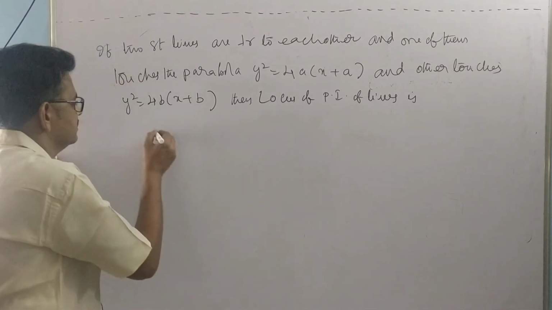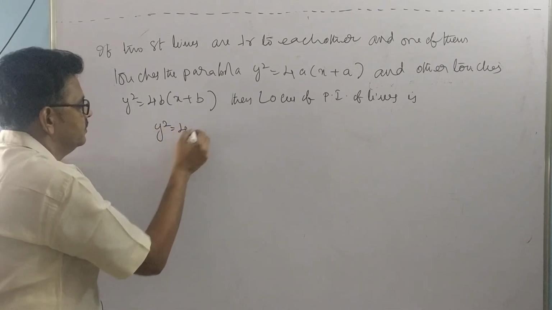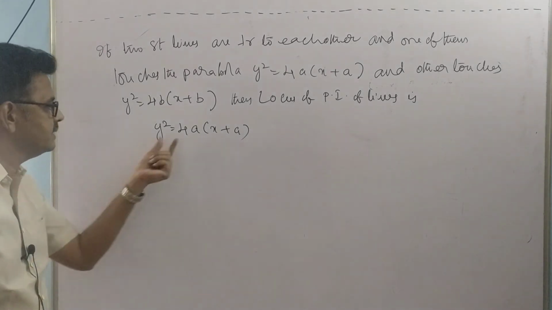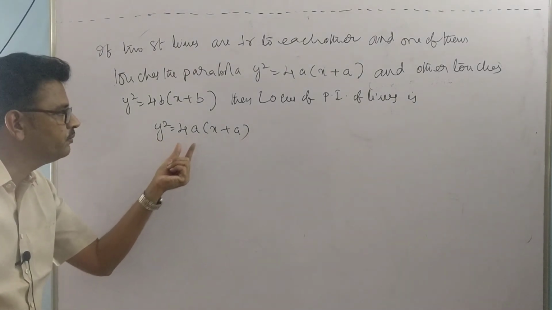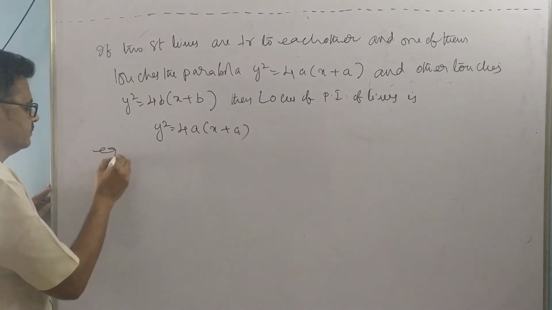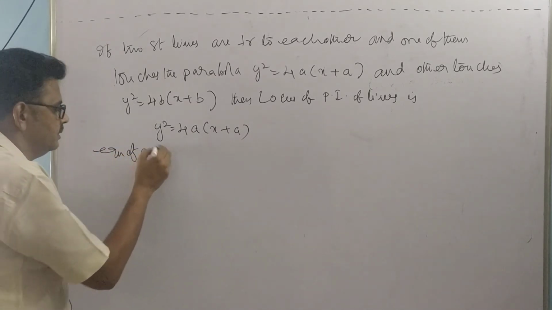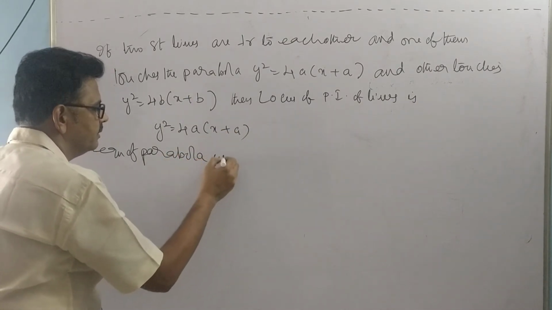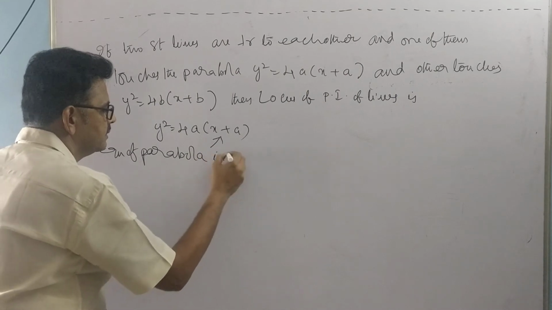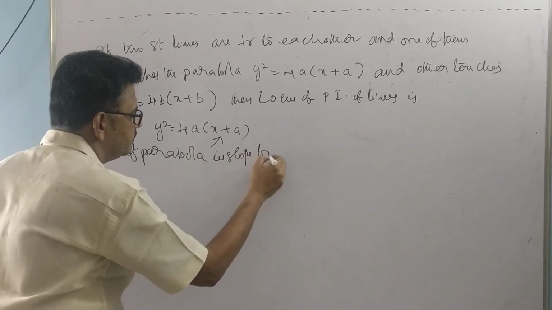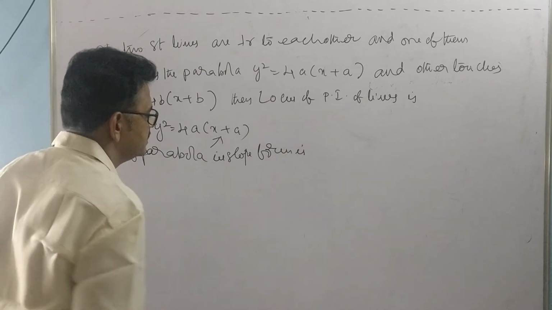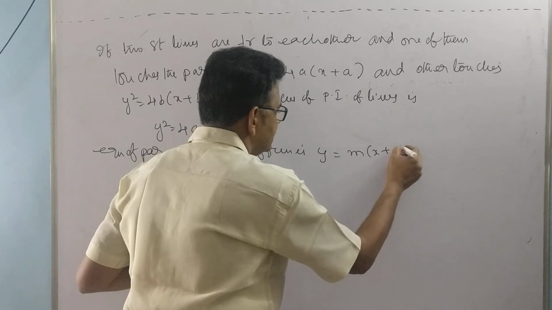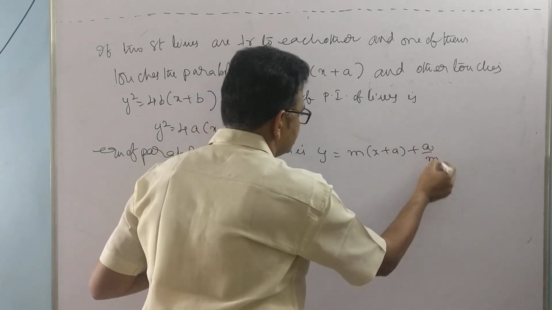See, the first one is y square equal to 4a into x plus a. Now the equation of tangent to this parabola in slope form is y equal to m into x plus a by m.